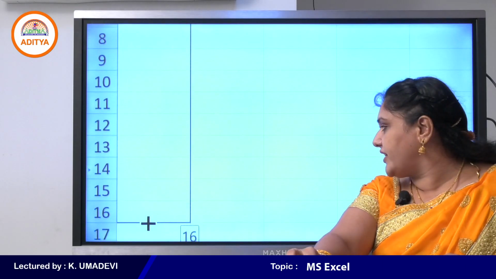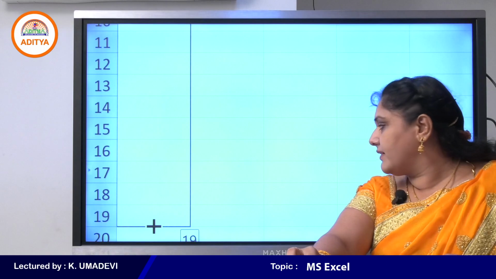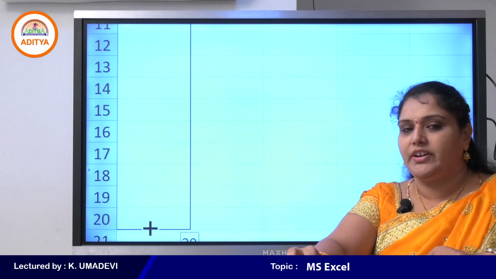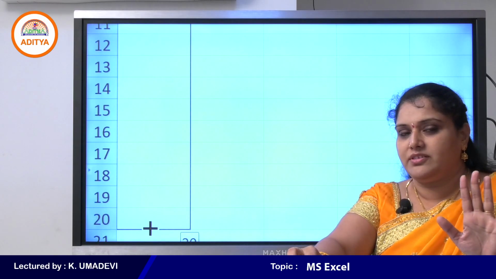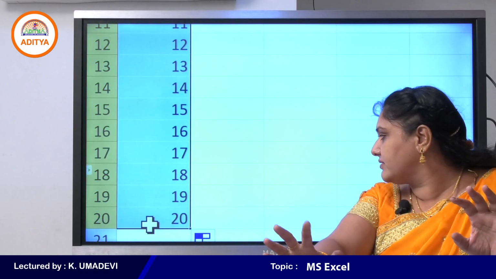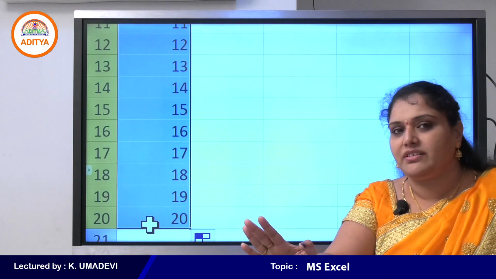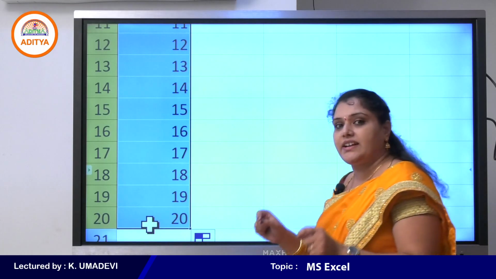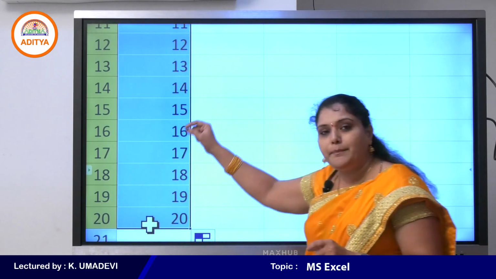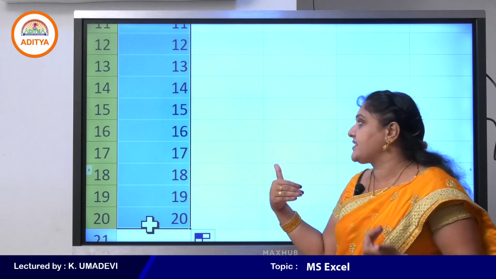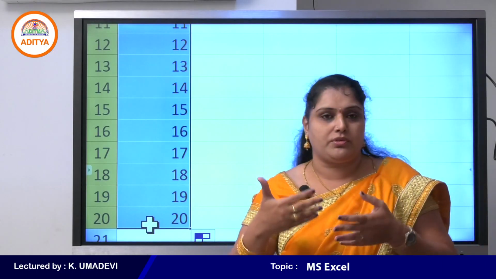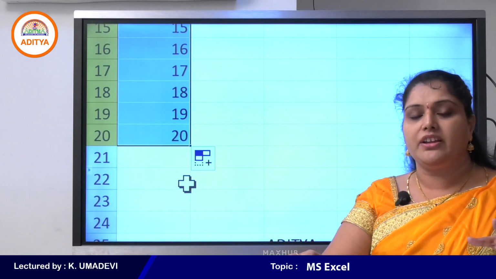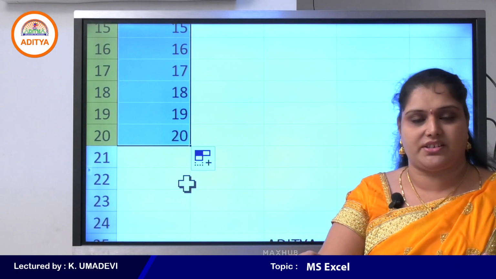Just observe the screen, students. Now you are in cell A20, right? I will release the mouse button. What happens here? In this scenario, releasing the mouse click fills the empty cells with the series, that is 3, 4, 5, 6, 7, 8, 9, 10 up to 20. So this is called an auto-complete list.